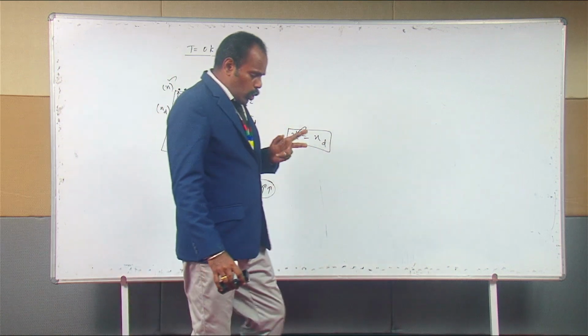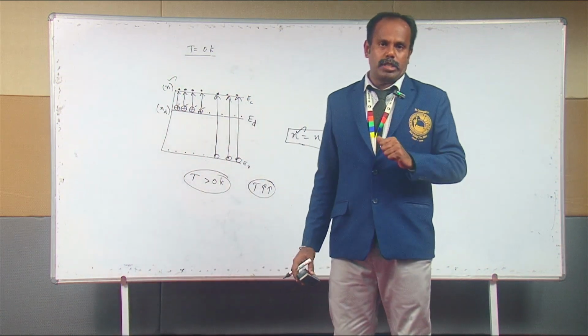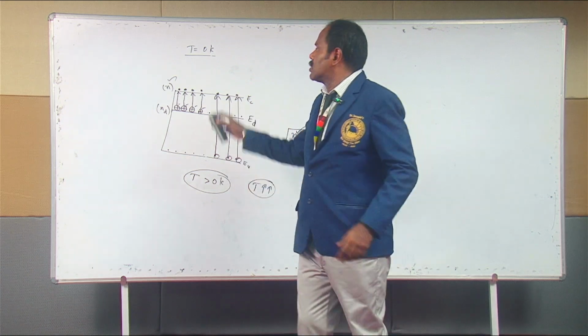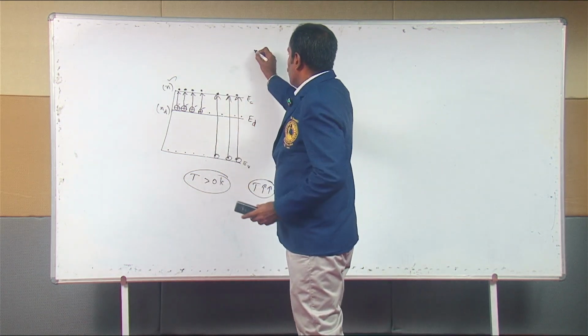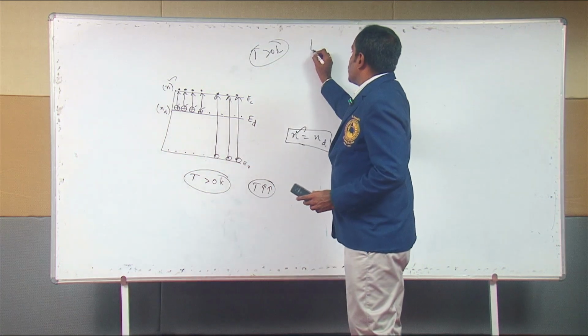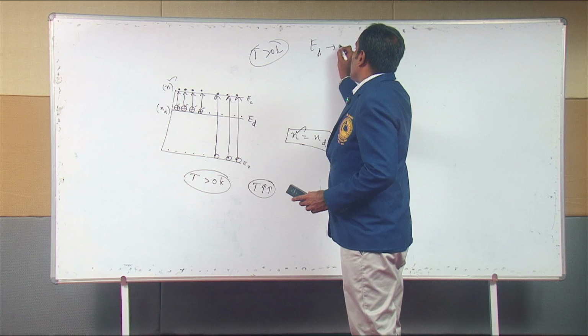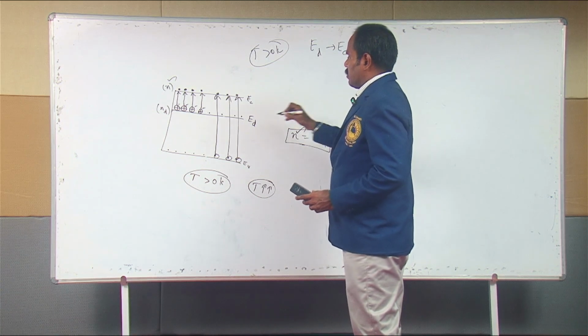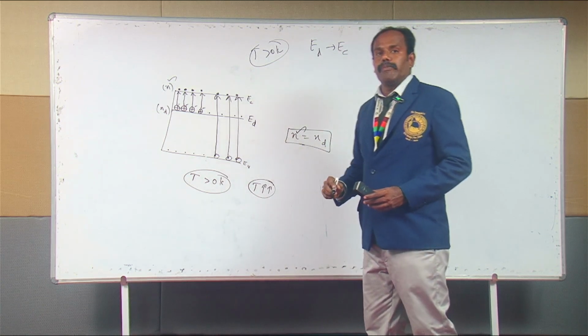So, there are two kinds of transitions that are possible in the case of the N-type semiconductor. Under what condition? When T is greater than 0 Kelvin. First, the electron can move from the donor energy level to the conduction band, which is actually the extrinsic behavior.